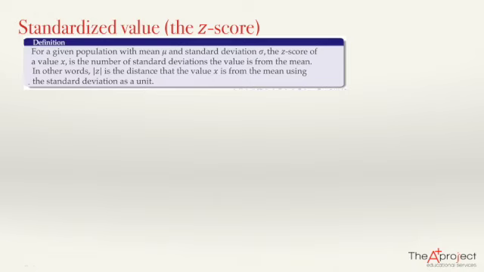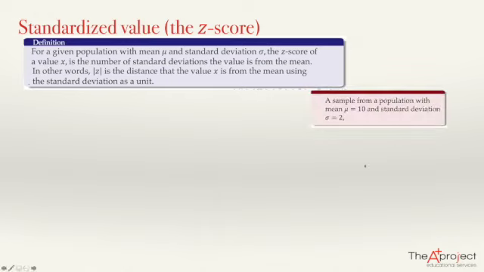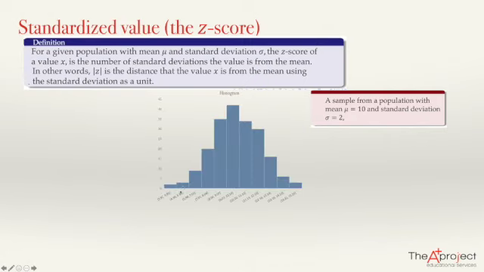To understand this better, it will be a good idea if we see an example. Assume that we have a sample from a population with mean mu equal 10 and standard deviation sigma equal 2. And that the histogram of this sample looks like this. The mean will be in some place around the center. Let's see that the mean is here, mean equal 10.